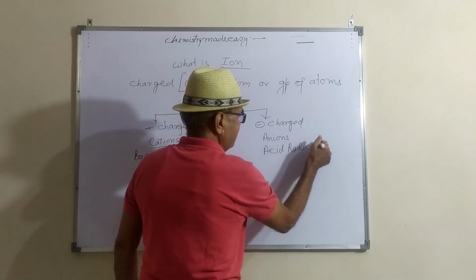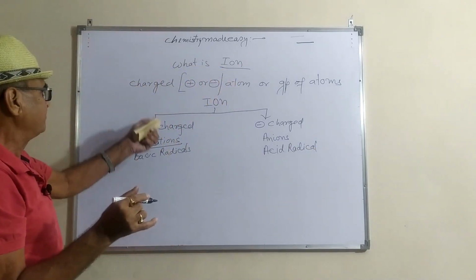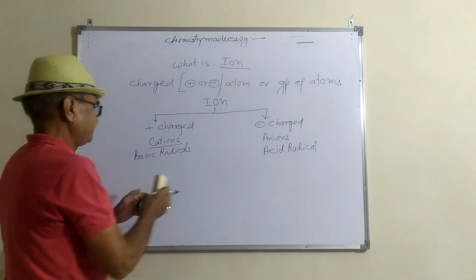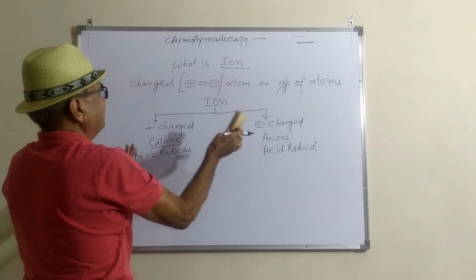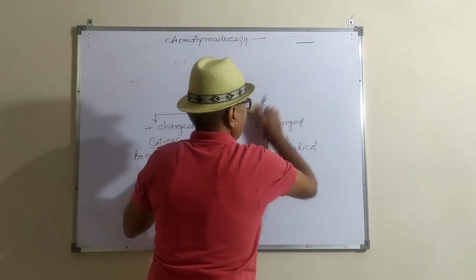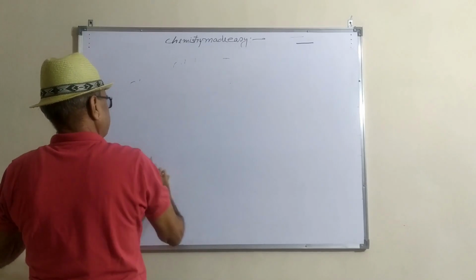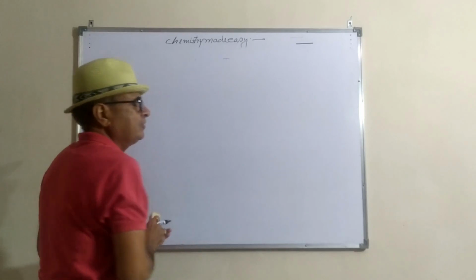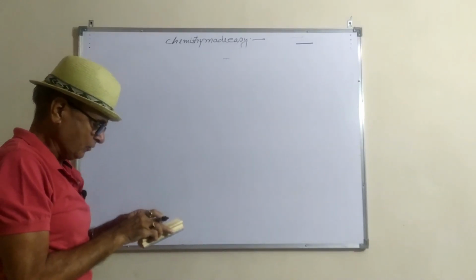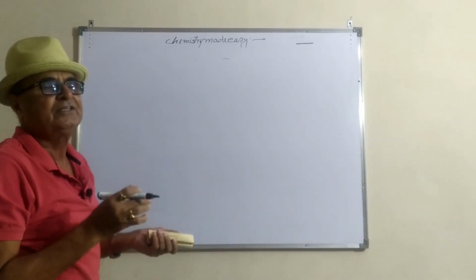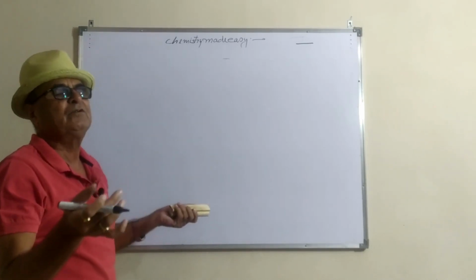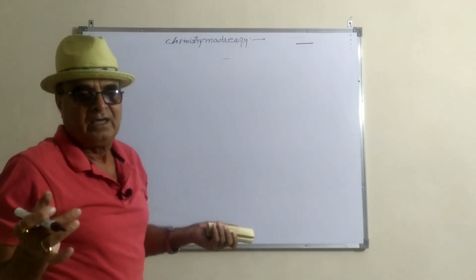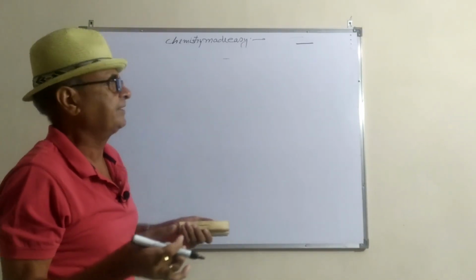So ions are of two types. On the basis of atoms there are two types, monoatomic and polyatomic, and on the basis of electrical charge there are two types, positive and negative. It means cation and anion, or basic radicals and acid radicals.